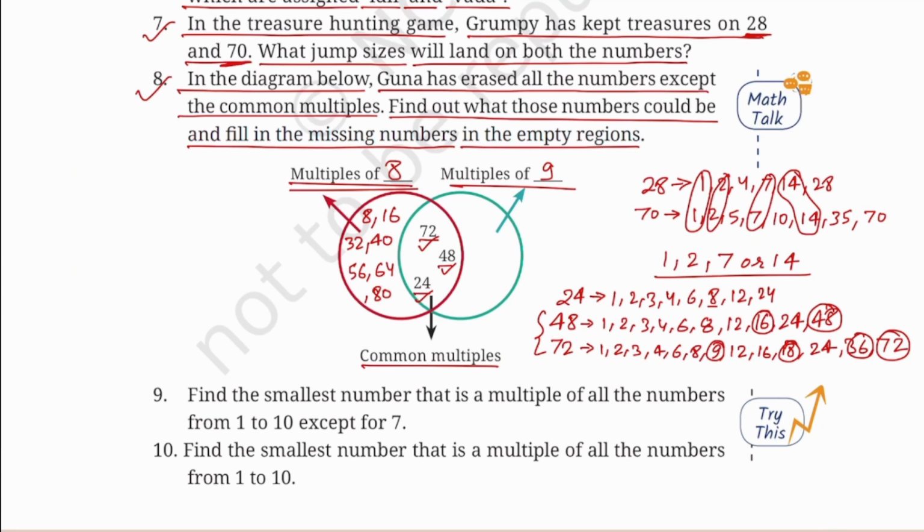You can write multiples of 9 in the second circle: 9, 18, 27, 36, 45, 54, 63, 72 is already there, 81, and 90, and so on.